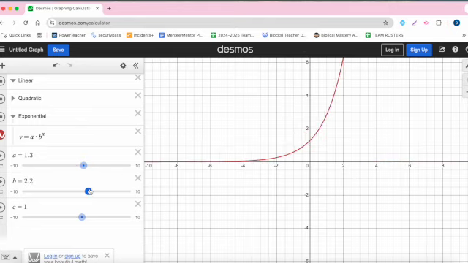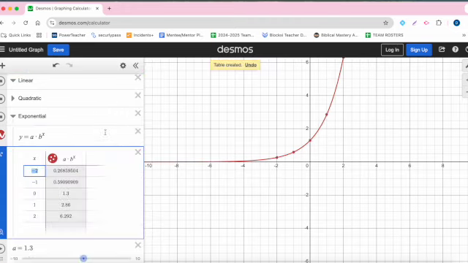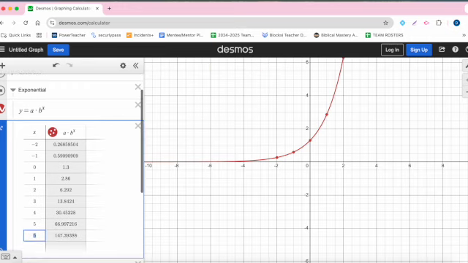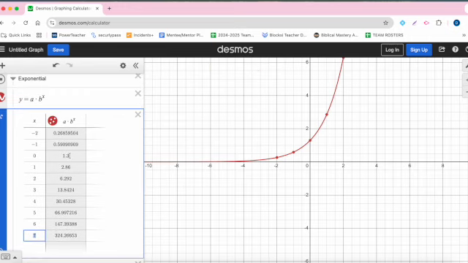Let's look at a table and see what that would look like. And I'm going to make these numbers just a little bit bigger so it's a little bit easier to see. So how does exponential growth look on a table? Well, you can see that it starts off going up by a little bit.